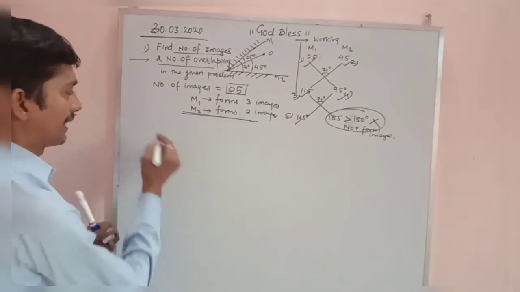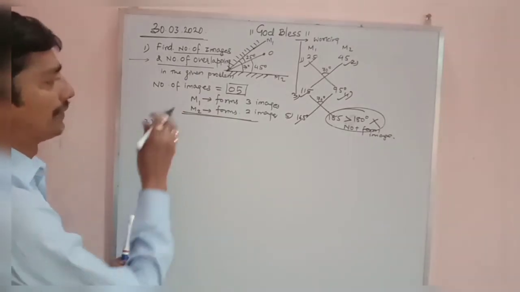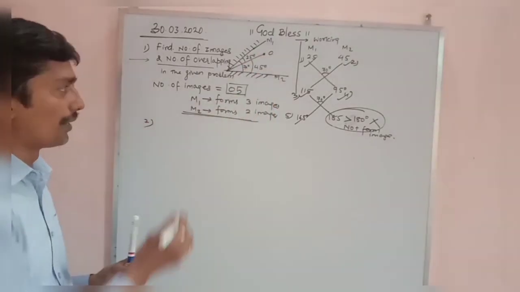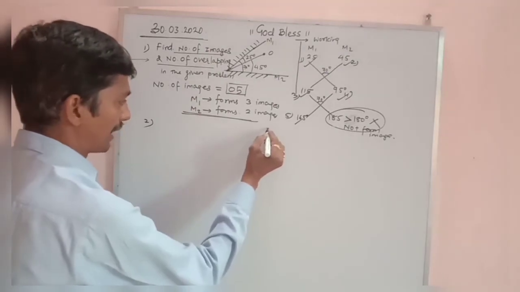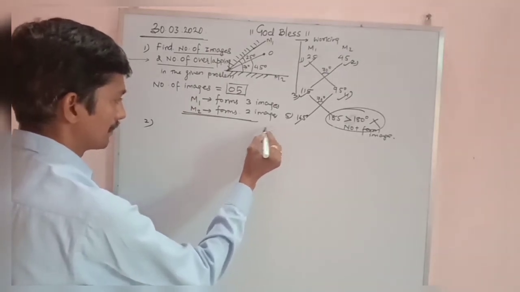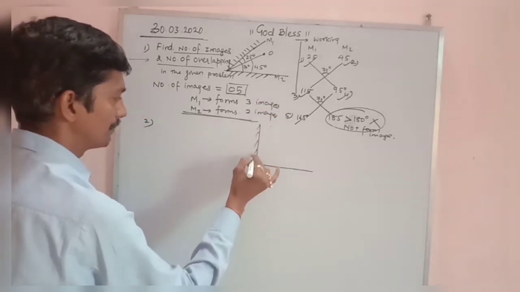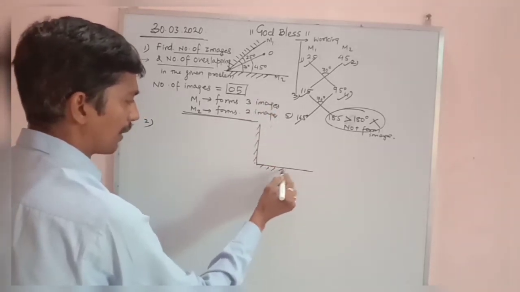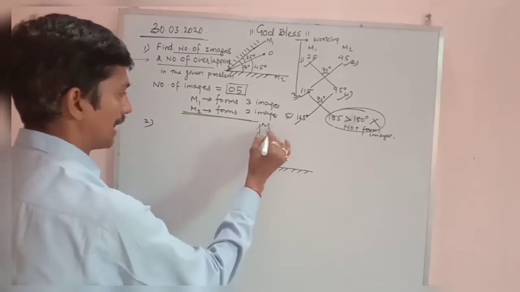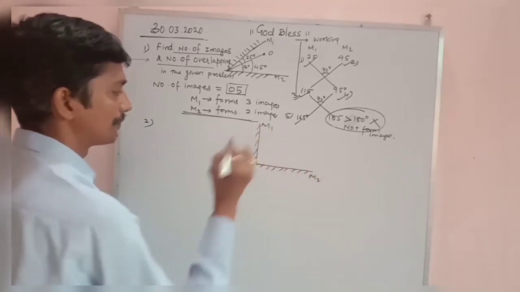Right? Take the next numerical. You can do as many numericals as you want from this. Now say I have taken the 2 mirrors like this, perpendicular. I will teach you the overlapping also. This is M1 and this is M2.